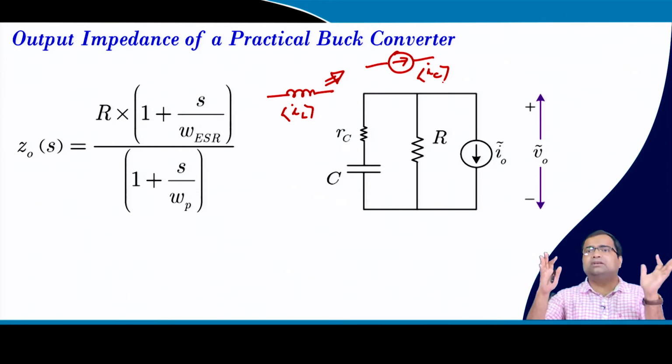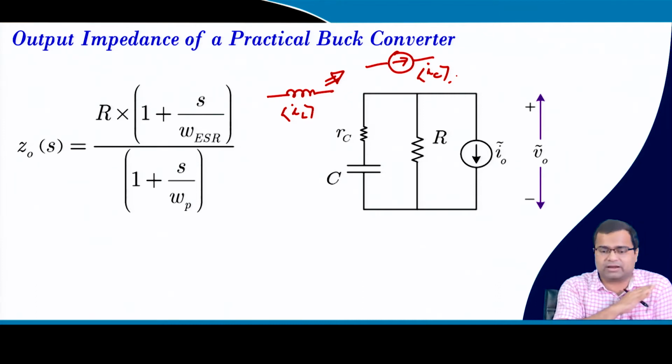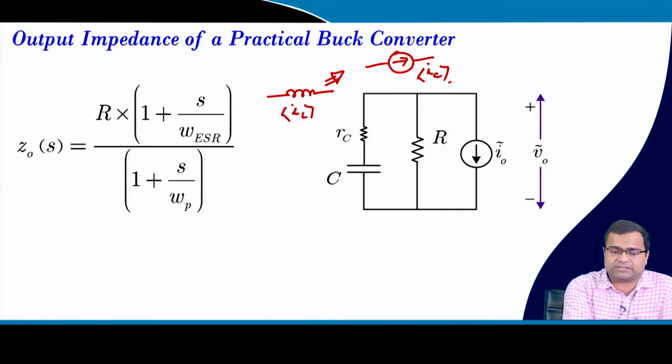Since the inductor becomes a control current source, the inductor current dynamics does not come into the picture. For the output impedance, we ignore the change in the control signal perturbation. That means we are using a fixed current reference, but the inner loop is closed, remember the inner loop is closed. So this is our expression with a load resistance for a buck converter, with an ESR zero and a pole.